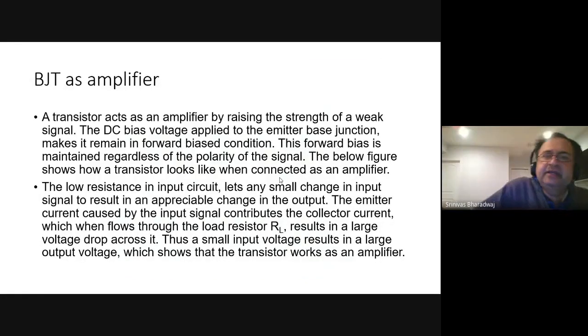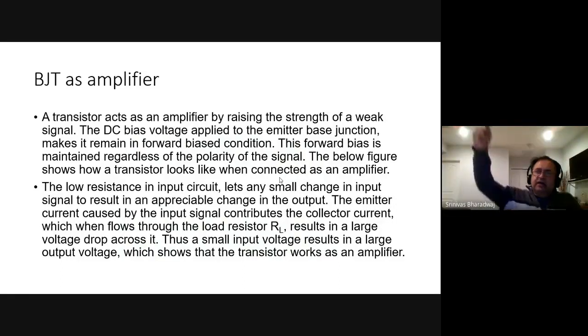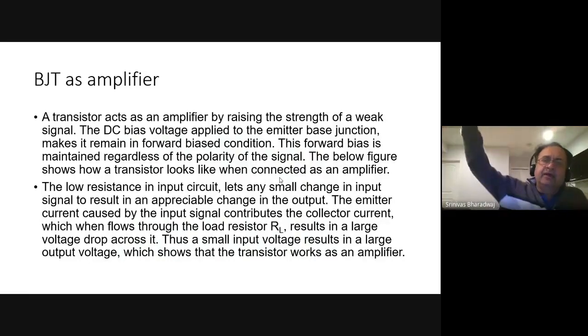Now, the BJT as an amplifier. The BJT acts as an amplifier by raising the strength of a weak signal. So you have a DC bias voltage, IC equal to e to the power of VB by VT. That's the exponential curve.